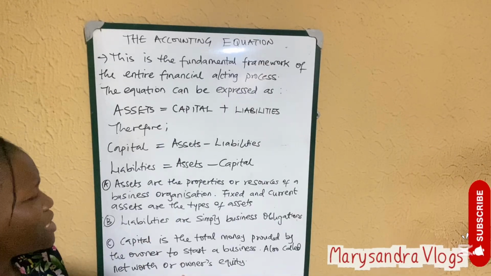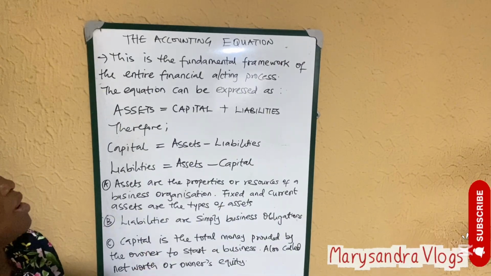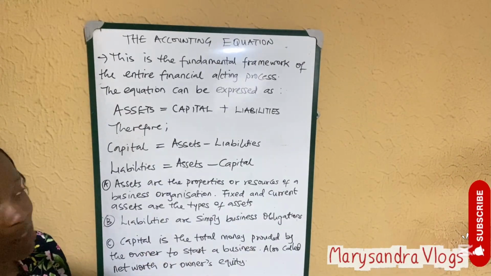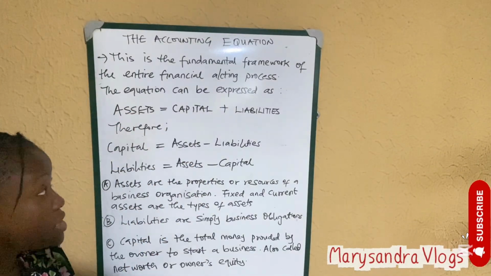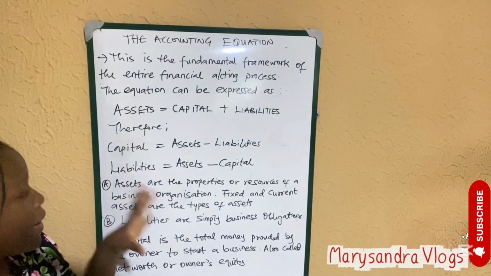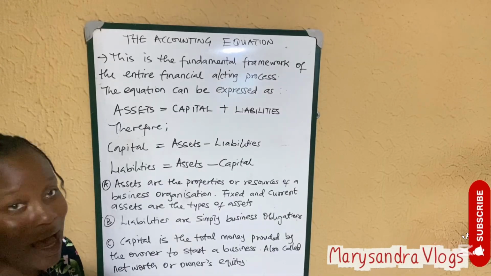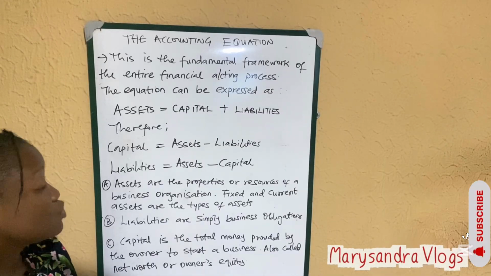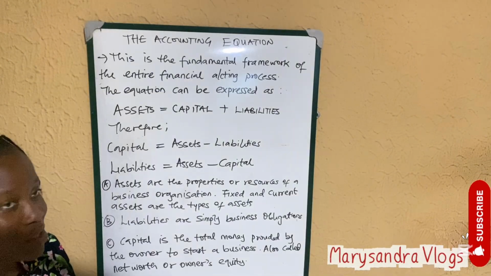So this is simply the fundamental financial accounting equation. Assets is equal to capital plus liabilities. Capital is equal to assets minus liabilities. Liabilities is equal to assets minus capital. And we know what assets are. We know that there are two types of assets. We have fixed assets and current assets. And you can, of course, define what they are.